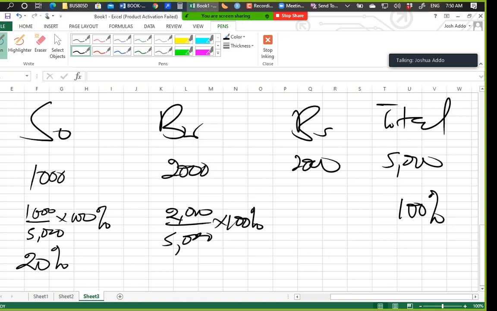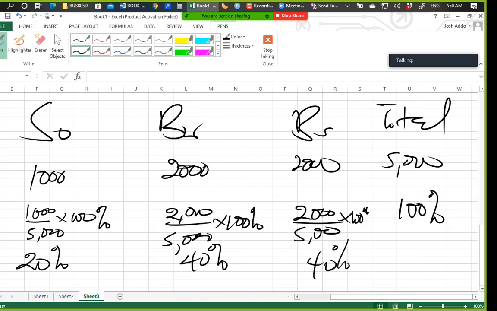What will this one be? 40%. Great. And this will also be 40%. Is that correct? Yes, 2,000 divided by 5,000 times 100%, which will sum to the total of 100%.